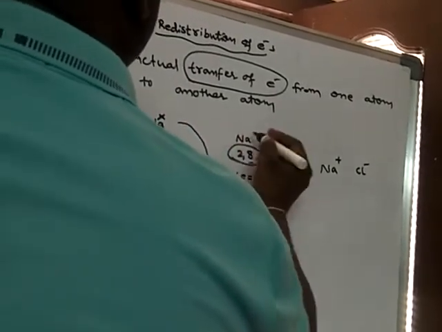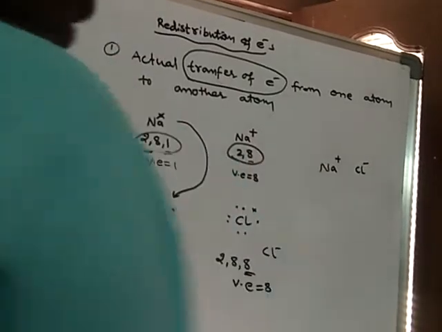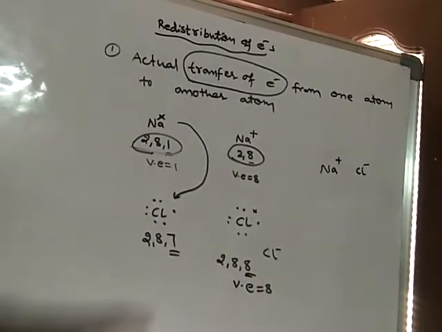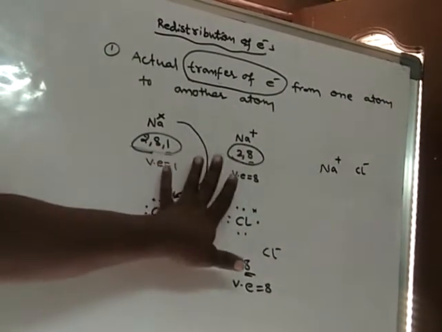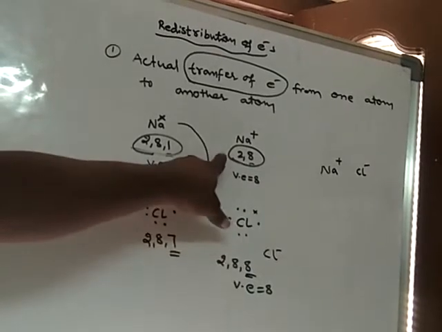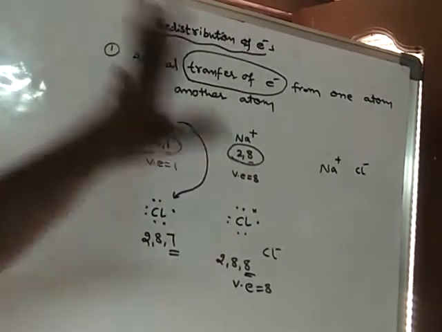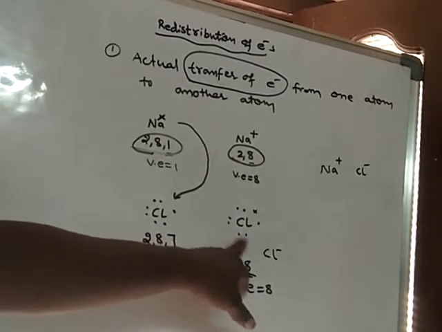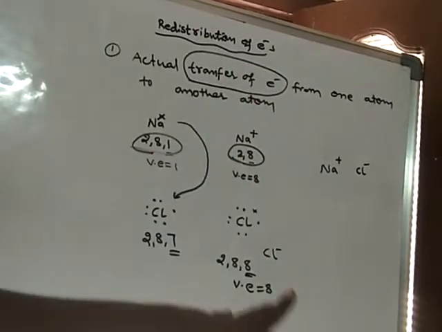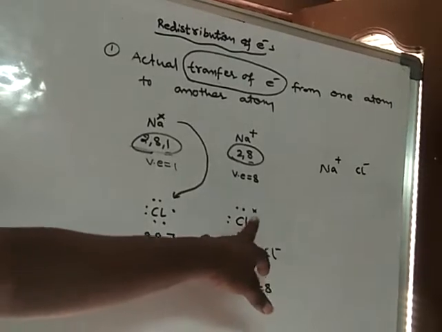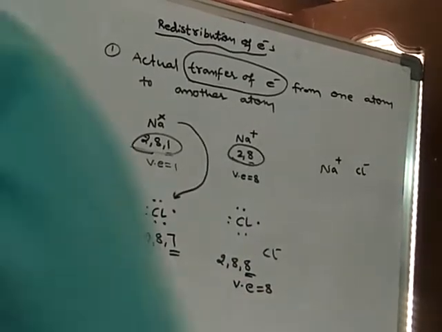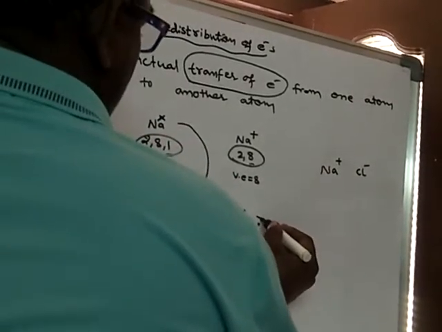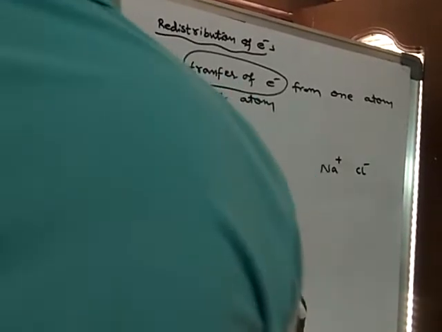So the sodium ion should be represented like this. A cation should be represented using positive signs like this, but anions should be represented like this. Remember that an anion should be represented like this, with all the electrons, or else like this also.